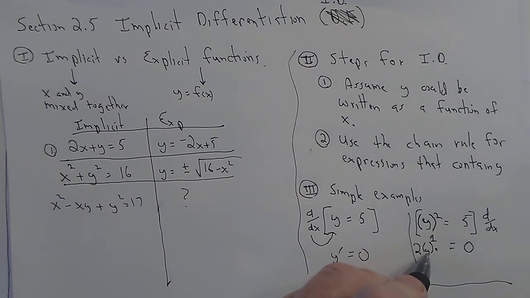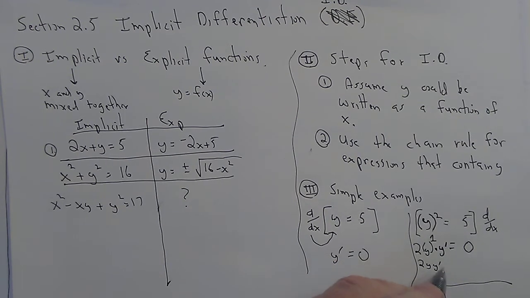But the derivative of y is just the derivative of y. It's y prime. So whenever you take the derivative of the variable y, you just call it y prime. All right, so now 2y times y prime equals 0.